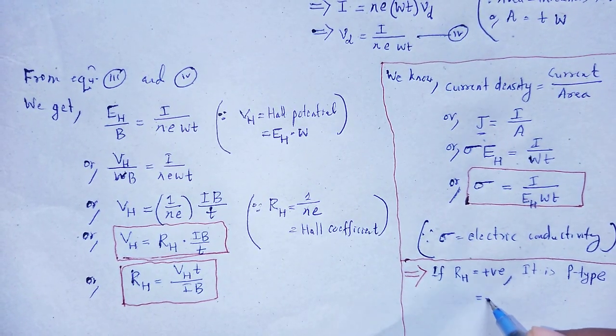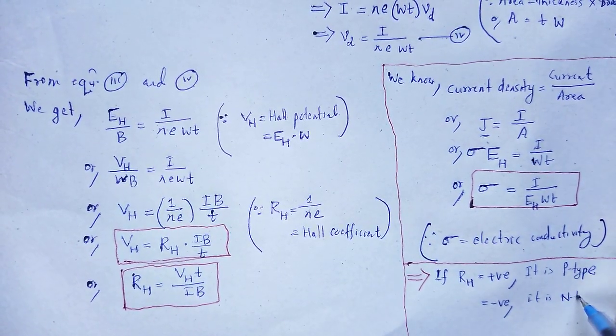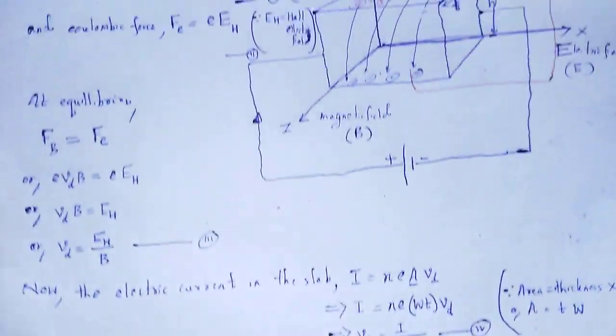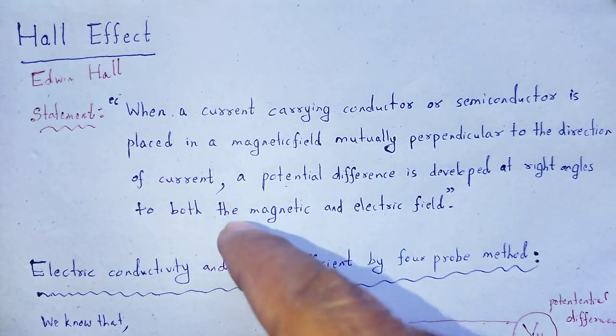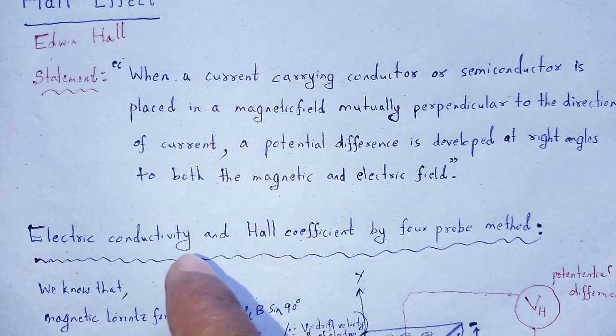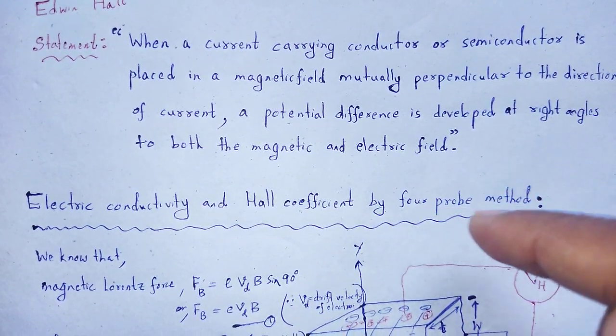If R_H is negative, then it is an n type semiconductor. So, by using the Hall effect, we can easily show what type of semiconductor is used. With the help of this video lecture, we understand the concept of the Hall effect, and then calculating electric conductivity and Hall coefficient by the four-probe method.